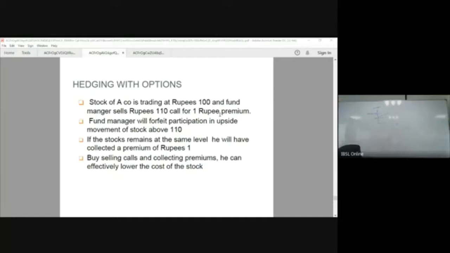Now when he sells at 110, and if the stock goes to 200 rupees, he will not get the benefit because he is going to sell at 110. So the maximum upside he will get is the 10 rupees plus 1 rupee premium, 11 rupees. Clear?